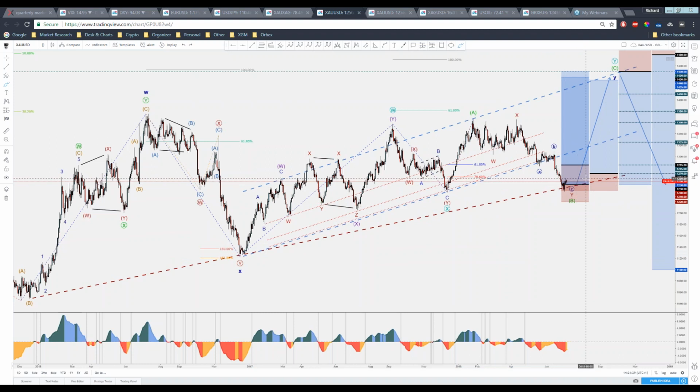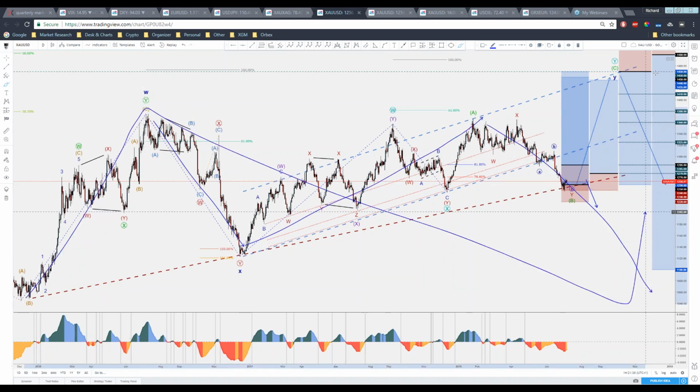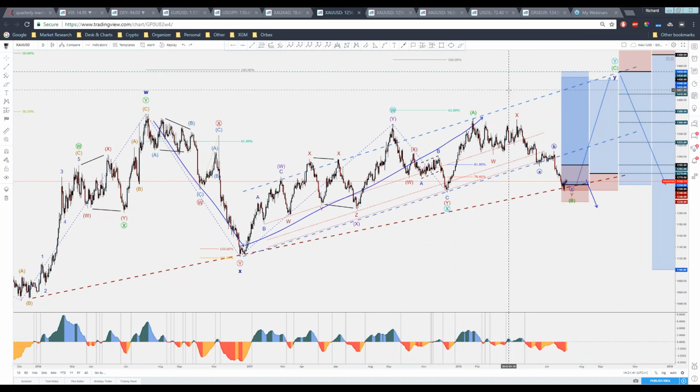Because if it doesn't, and if it manages to break out, then the structure would be completely different. I hope you get the picture. So if it manages to gain support and rises here, obviously this would be the next resistance, 1325. Hence the reason why I posted those levels at 1250 and 1240.